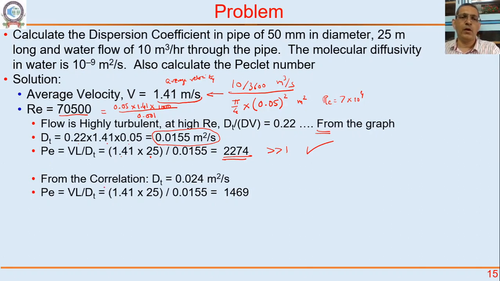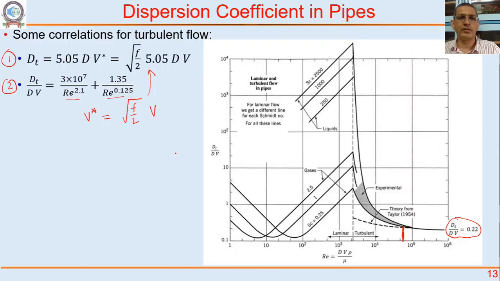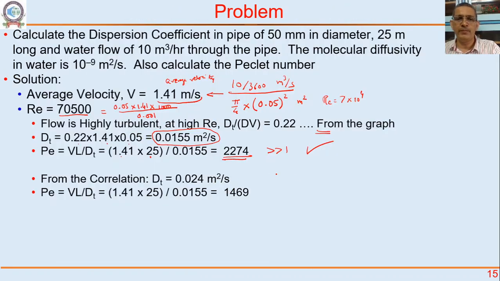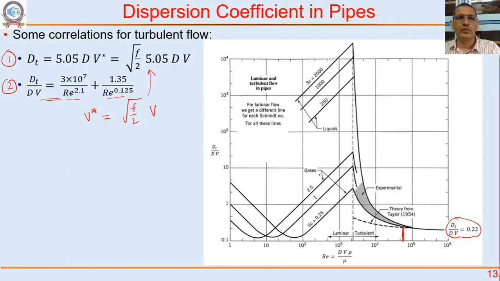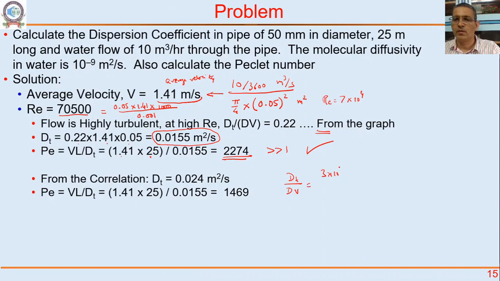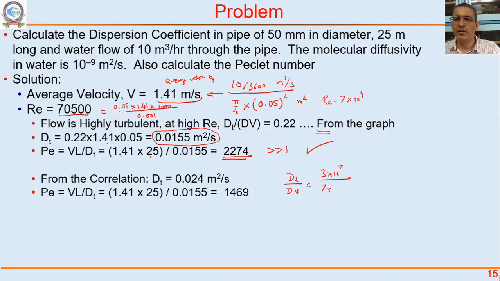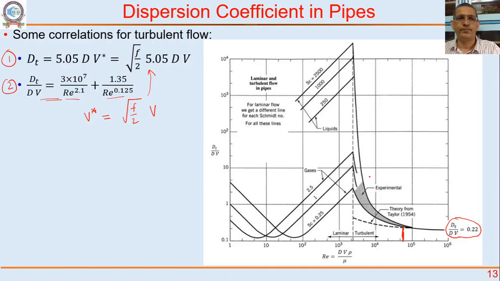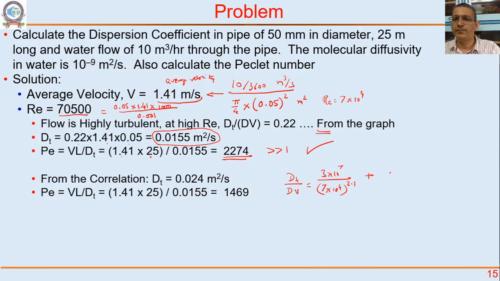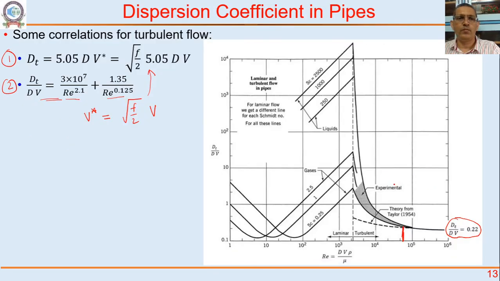Or if you want to use a correlation, let's say this correlation. So dt by dv would be 3 into 10 raised to 7 divided by Re raised to 2.1, plus 1.35 divided by Re raised to 0.125.